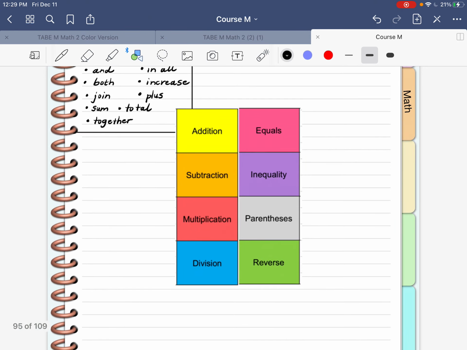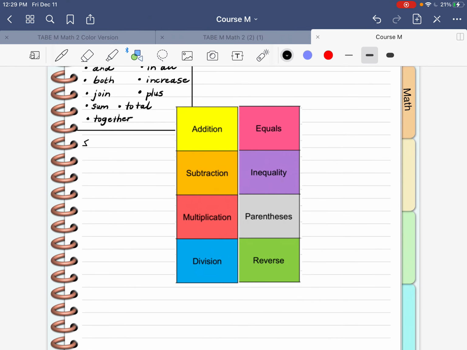The subtraction words. So open up your subtraction door. And here are some for subtraction.